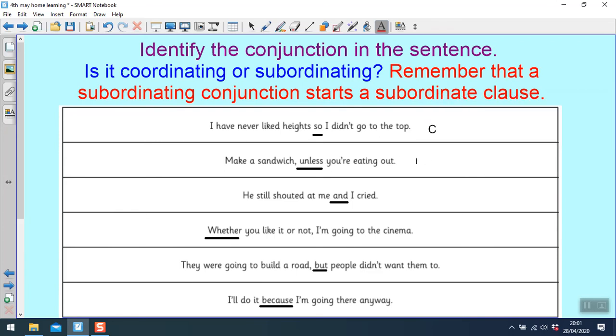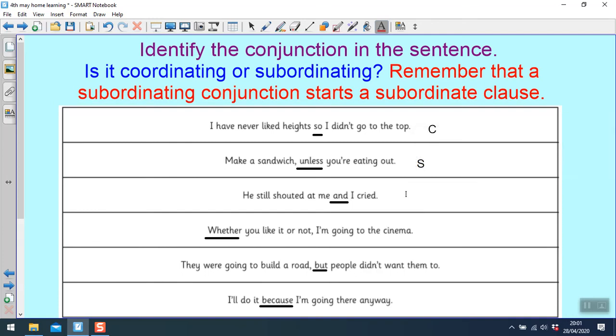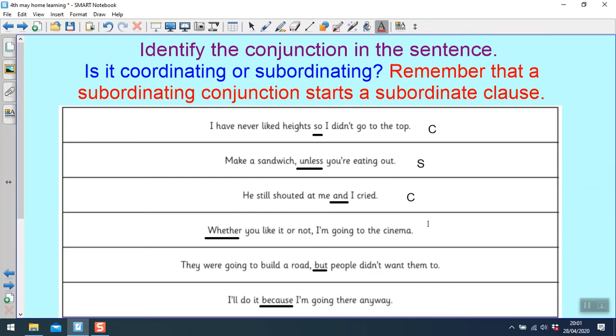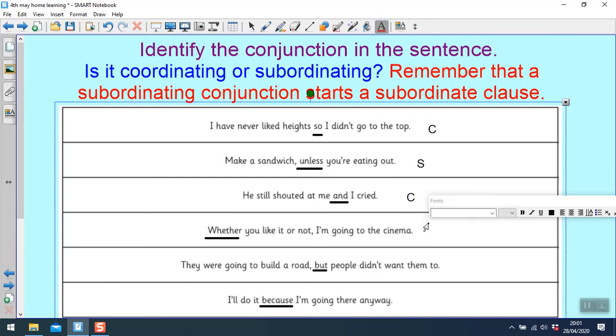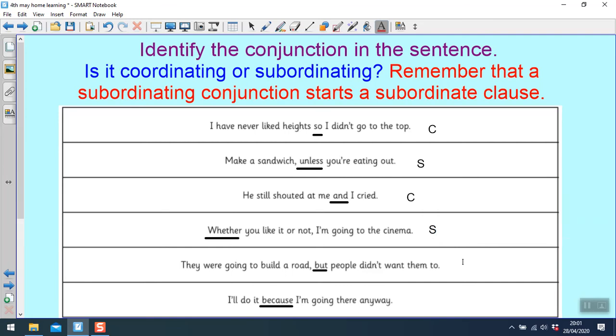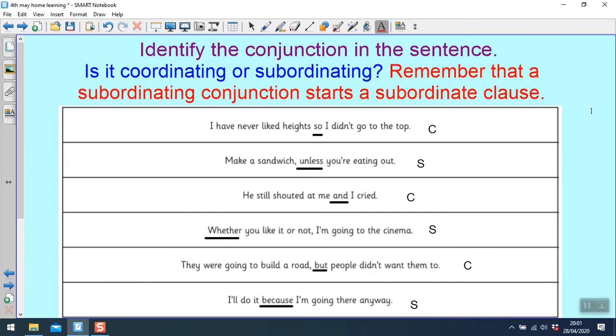Unless is not in FANBOYS, it's subordinating. And is in FANBOYS, so it's coordinating. Whether is not in FANBOYS, so it's subordinating. But is in FANBOYS, so it's coordinating. And because is not in FANBOYS, so it's subordinating. Well done if you got that right.